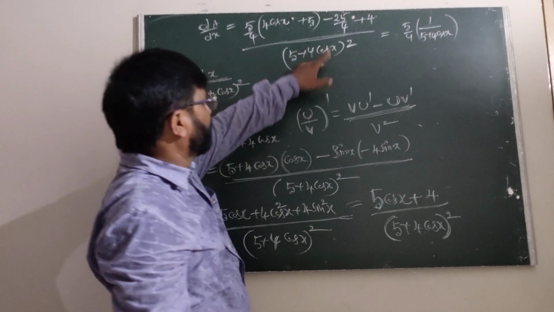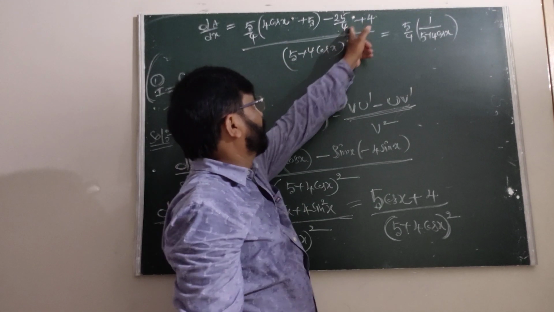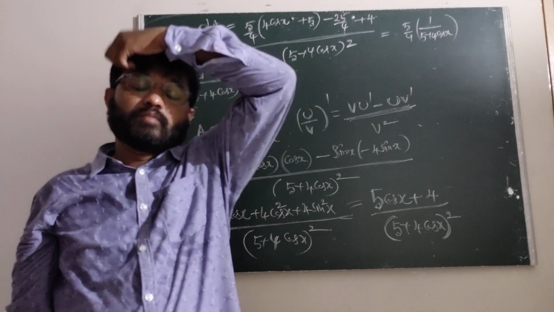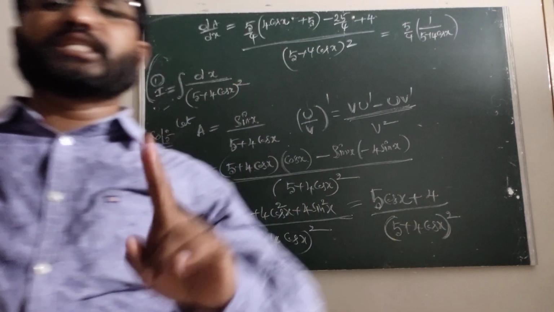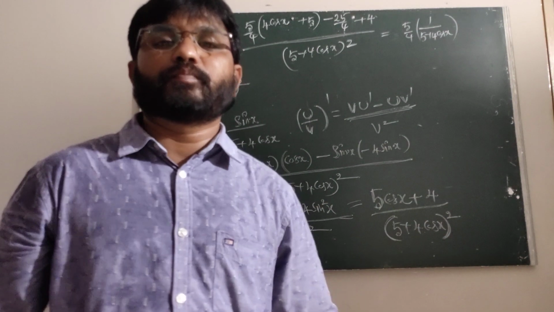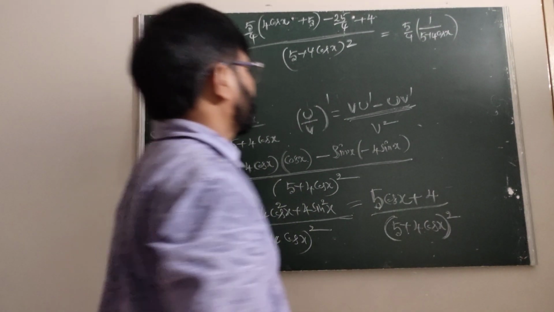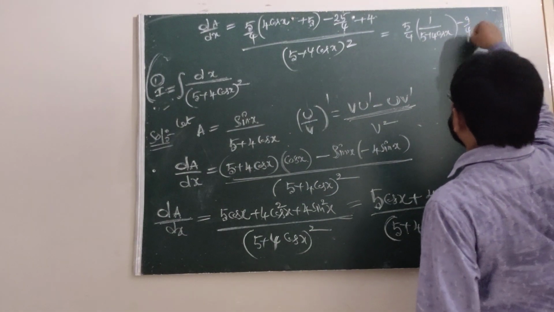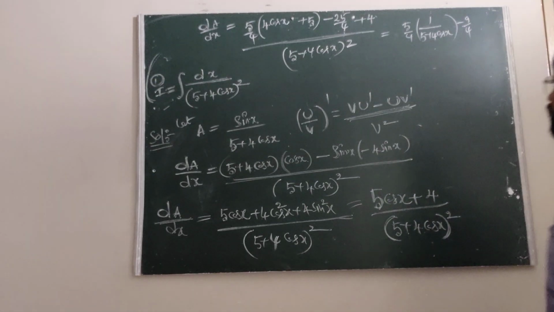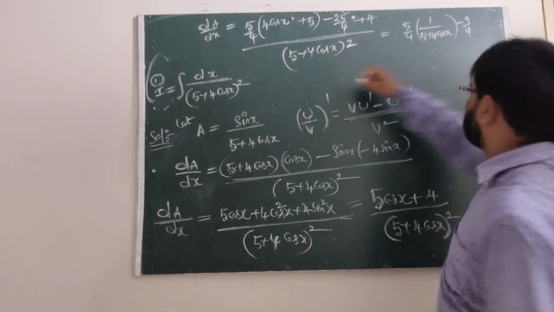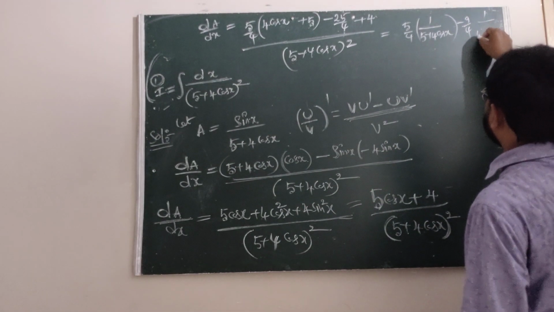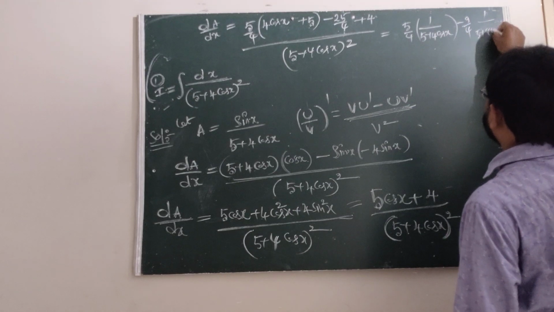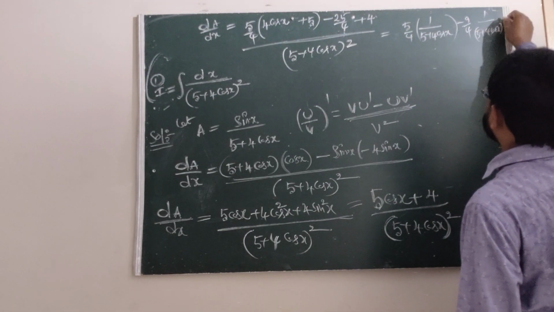One time cancels, but this is 4 into 4, 16 minus 25 plus 16, which is minus 9. Minus of 9 by 4 into 1 upon (5 plus 4 cos x) whole square.